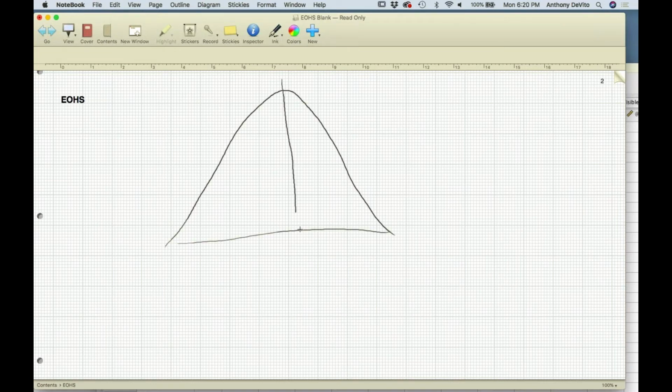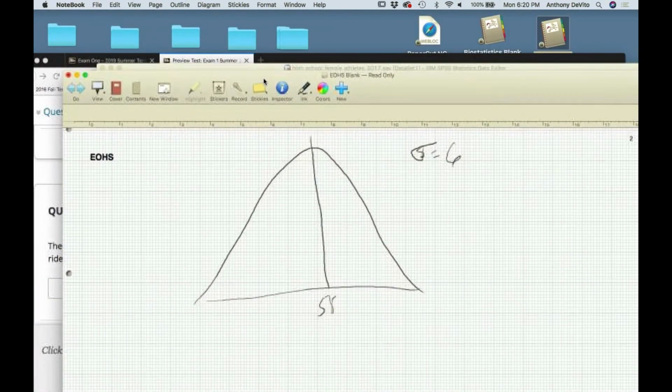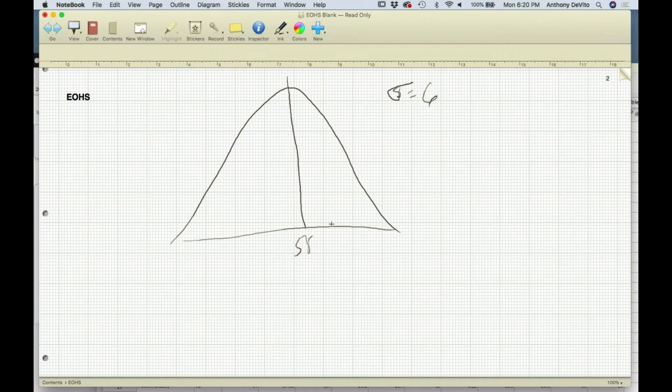The mean was 55, and the standard deviation, sigma, is 6. And we're looking for 60 and 65. So they're both up here. We're looking for the percentage of 10-year-olds that are in this range, right?